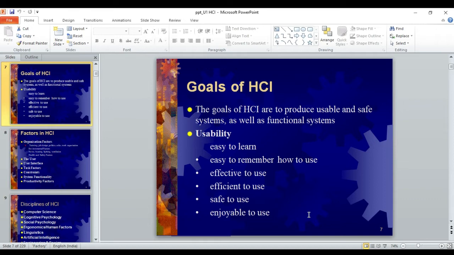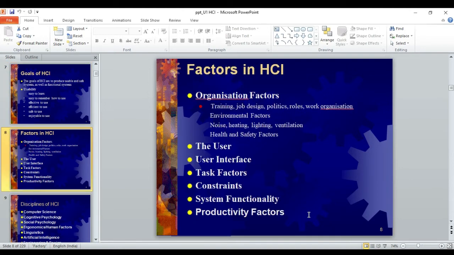For the usability goal, we have to design the interface such that it should be easy to learn, easy to remember how to use, effective to use, efficient to use, safe to use, and enjoyable to use. These are all the goals we need to concentrate on when designing an HCI interface with respect to usability.